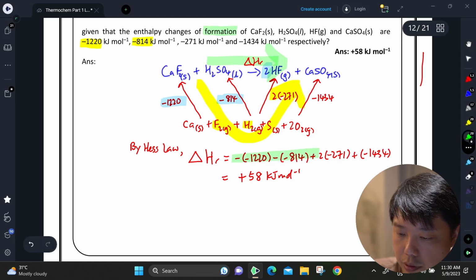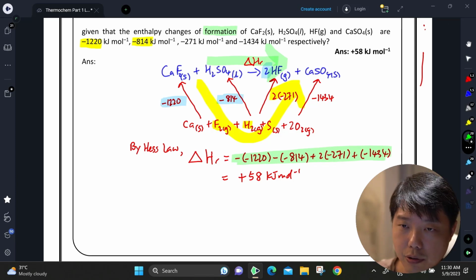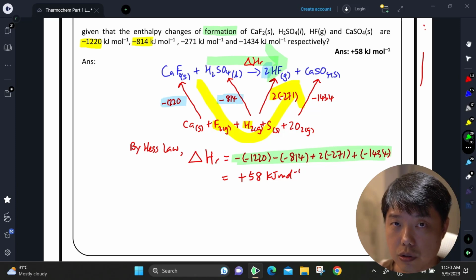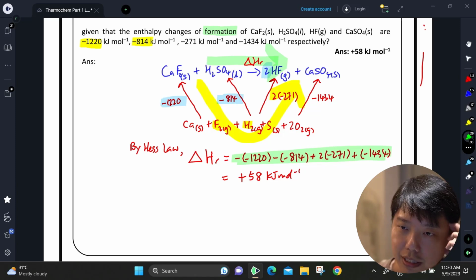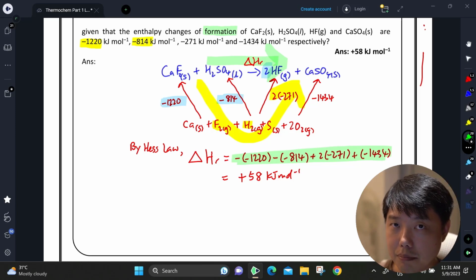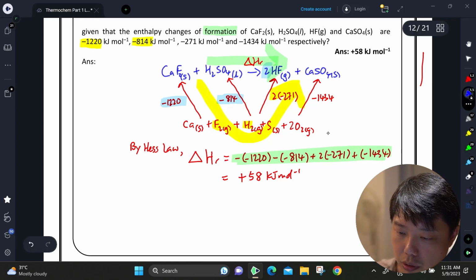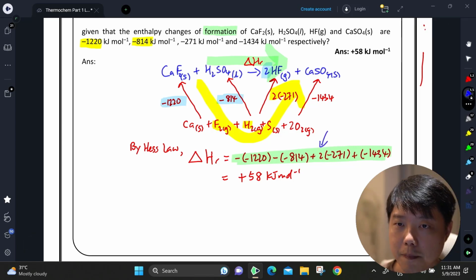You write this based on the yellow arrow, the alternative pathway. You just key in all these values, making sure that the direction is correct and the number of moles is correct. We must remember to put in the 2 in front here. Then you do the calculation.